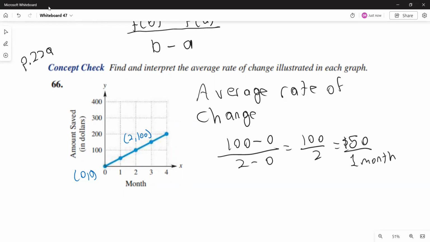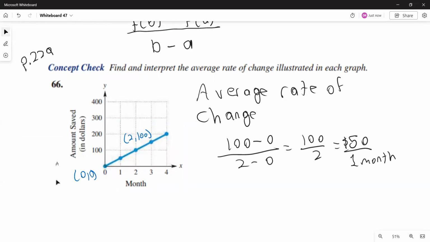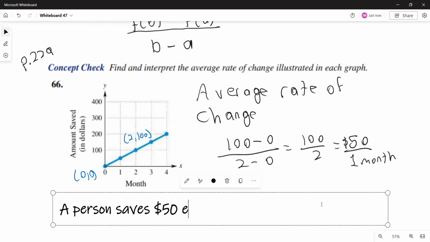So every month, a person saves $50. That's the meaning of the slope in this context.